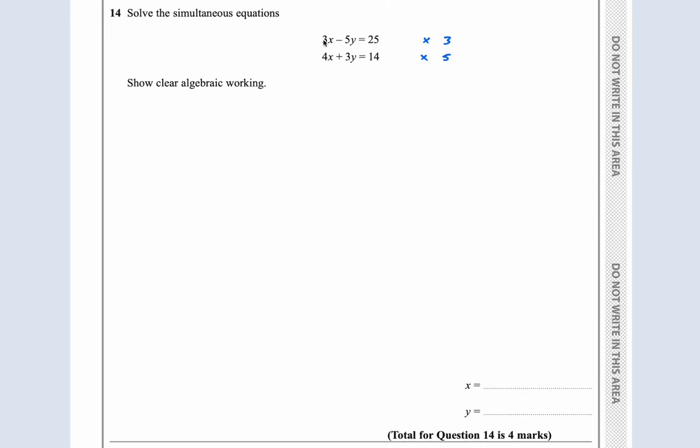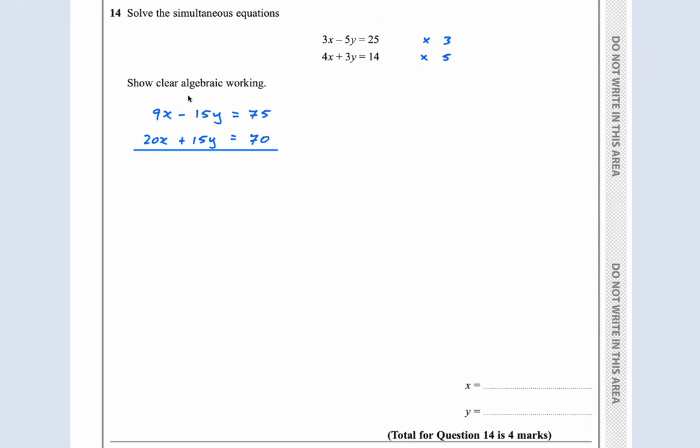The y's will be the same. All right, so 3x times 3 is 9x. 5y times 3 is 15y. 25 times 3 is 75. 4x times 5 is 20x. 3y times 5 is 15y, and 14 times 5 is 70.